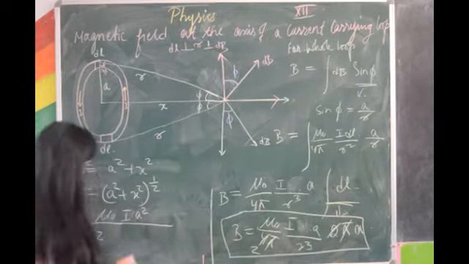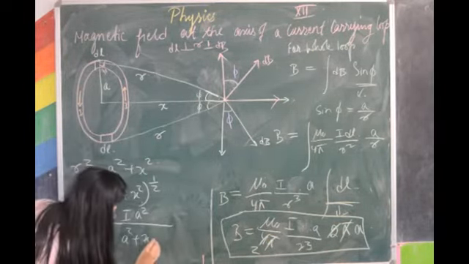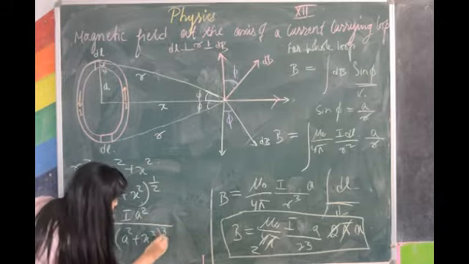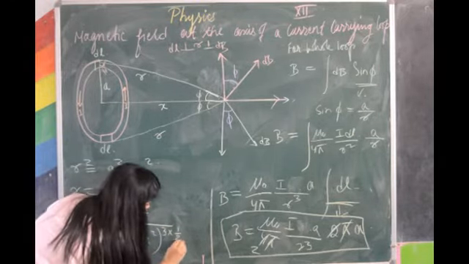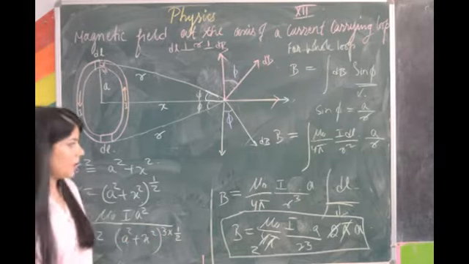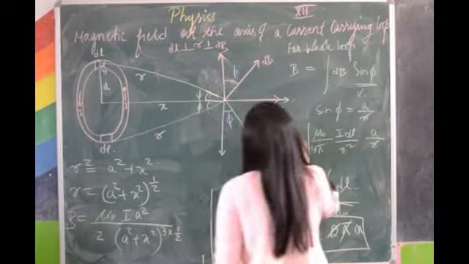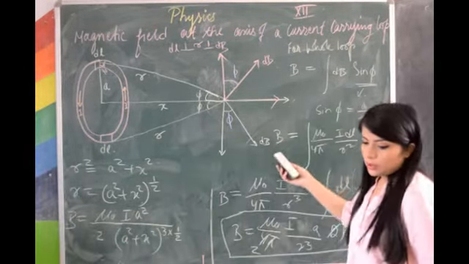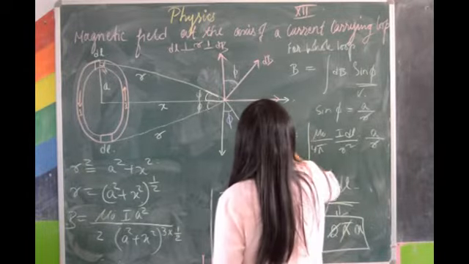In place of R we are writing A square plus X square to the power cube, and half is also there, so this becomes 3 by 2. You can directly write 3 by 2 or you can write 3 into 1 by 2. It's the same thing. I think we can draw this diagram.